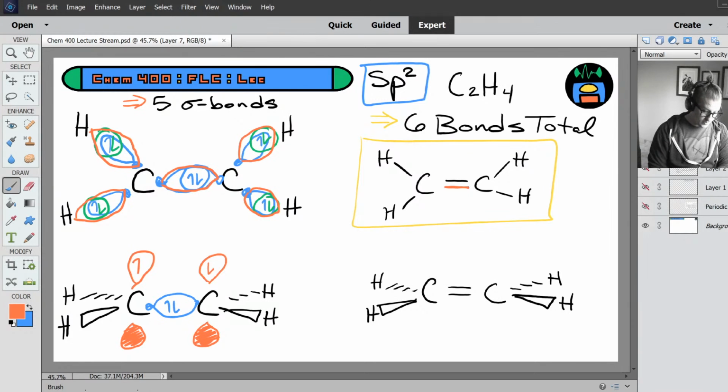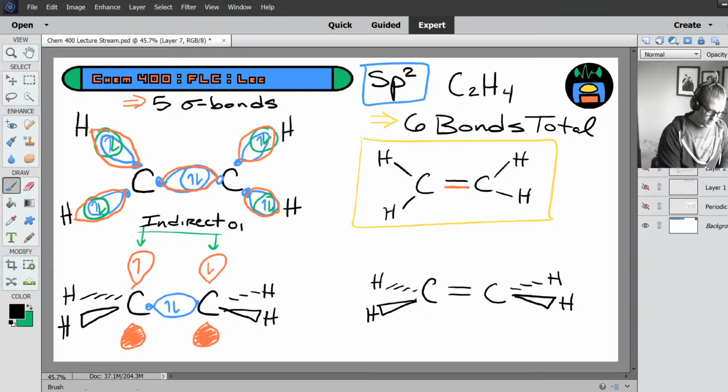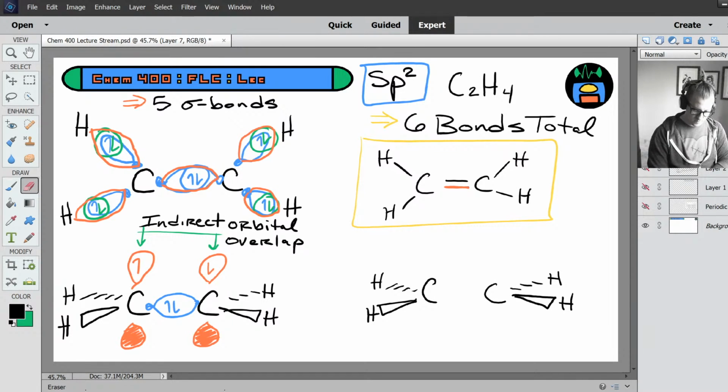What isn't off the table here is something called indirect orbital overlap. What happens when you have indirect orbital overlap? I'm going to redraw this over here.